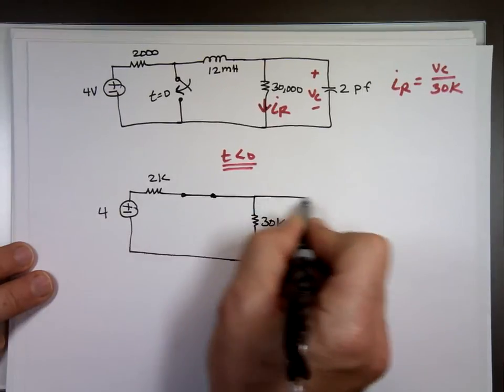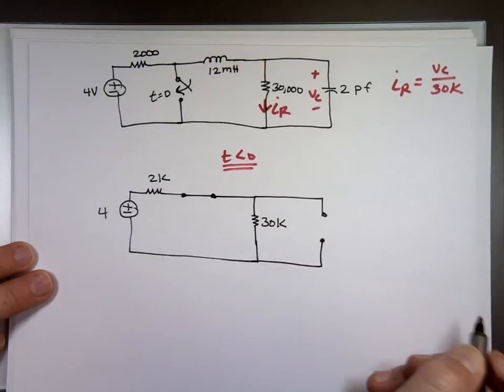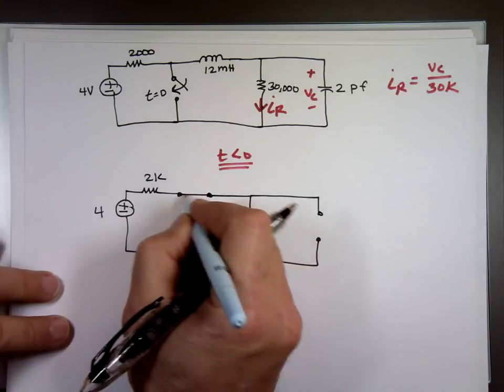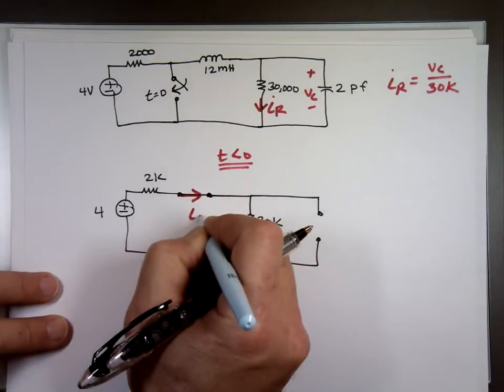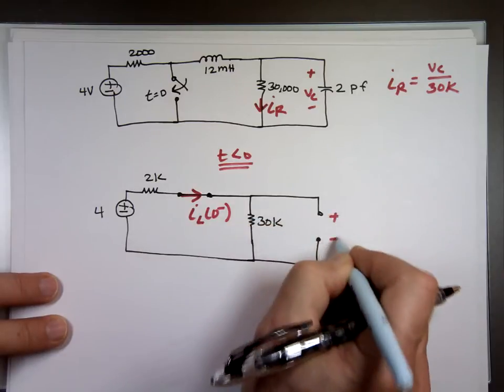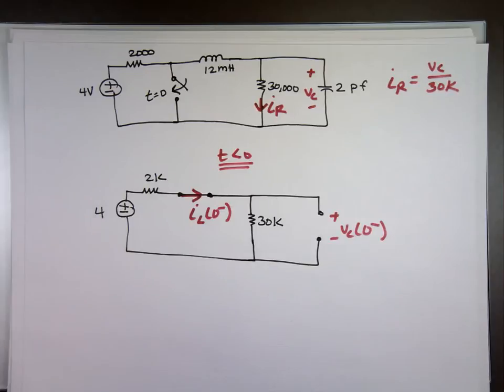The capacitor is going to behave like an open circuit. This is I sub L at 0 minus, and this is the voltage across the capacitor at 0 minus, which is the same as at 0 plus.